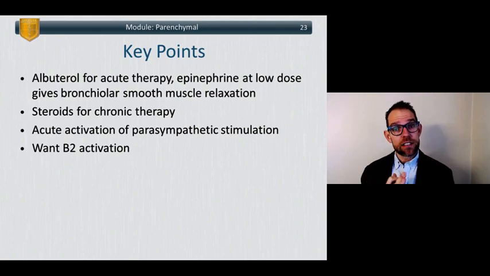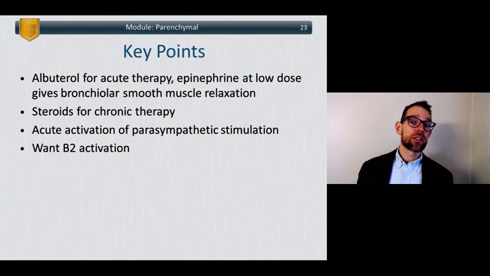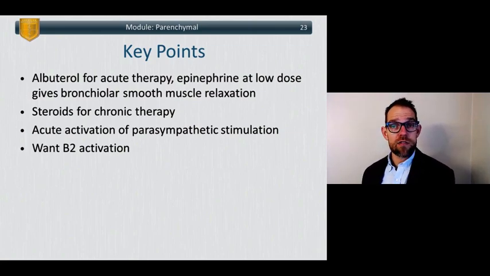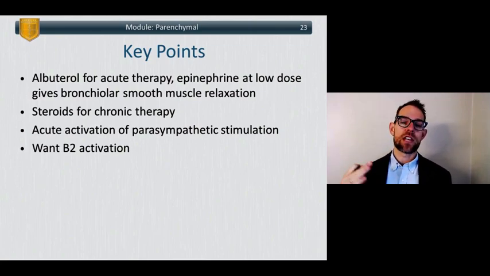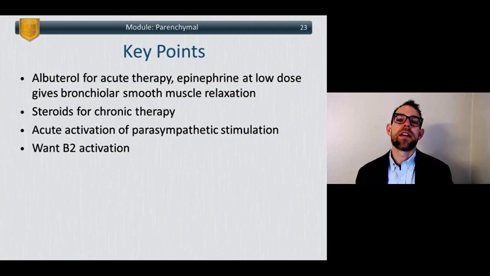Asthma itself can be caused by acute activation of the parasympathetic system, so exercise, agitation, anxiety, or intubation in a cold operating room can trigger this. And then, of course, what you want to keep in the back of your mind is that you definitely want beta activation, but specifically you want beta 2 activation.